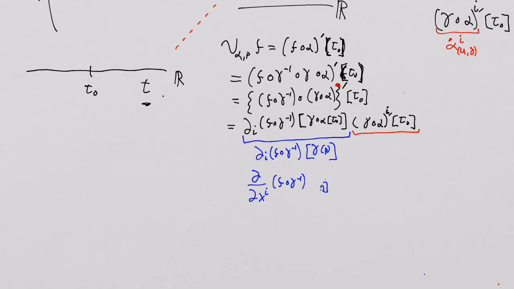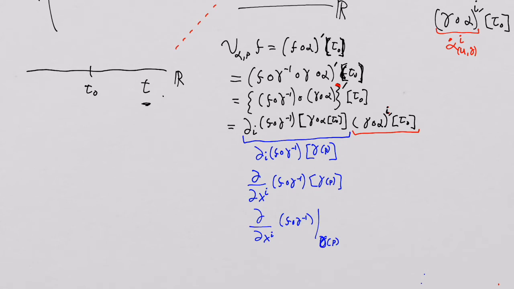Now I've simplified that a lot. I can make my evaluation look a little bit cleaner by writing it d by dxi of f gamma inverse evaluated at, I could just say p, right? Well, I could say gamma p, because it is evaluated at gamma p.